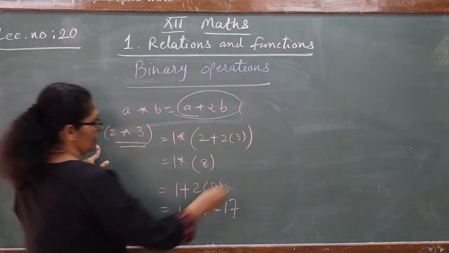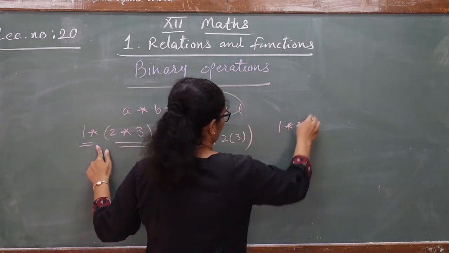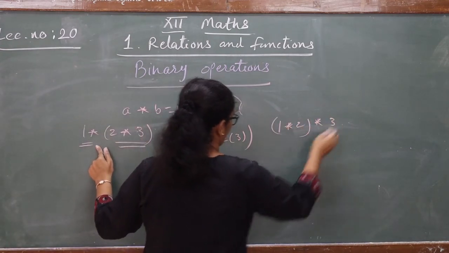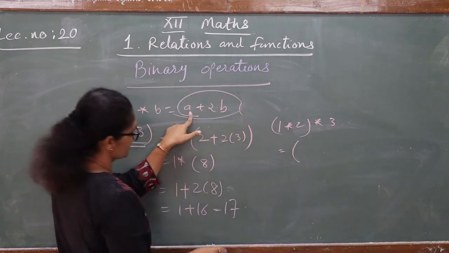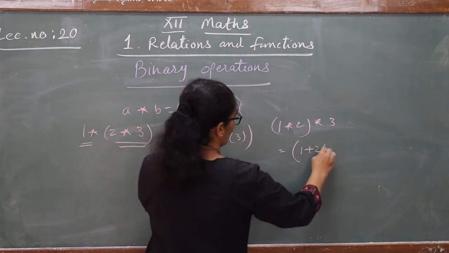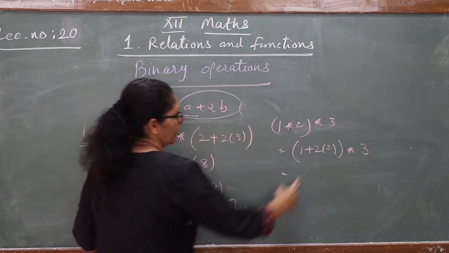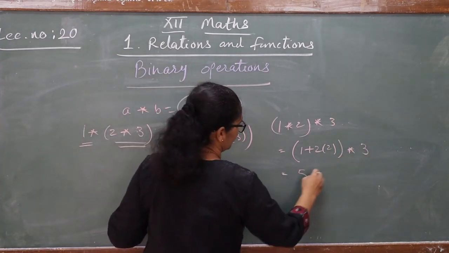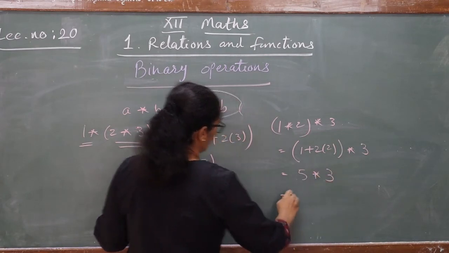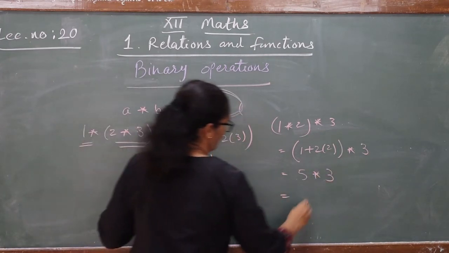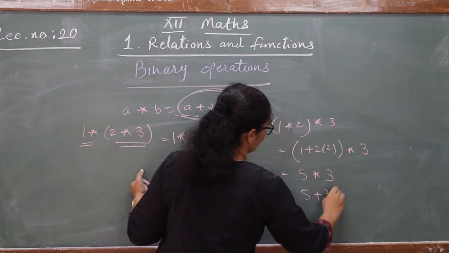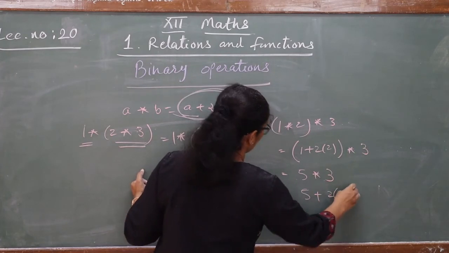Again let's take 1 asterisk 2, and this is 3. First we start with this, 1 plus 2 times 2. 2 twos are 4 and 1, 5. Again the same rule, 5 plus 2 into 3.